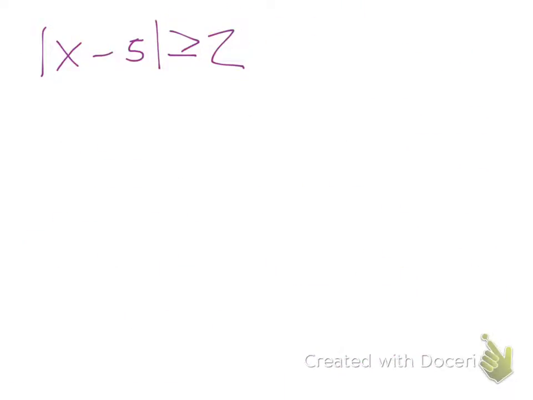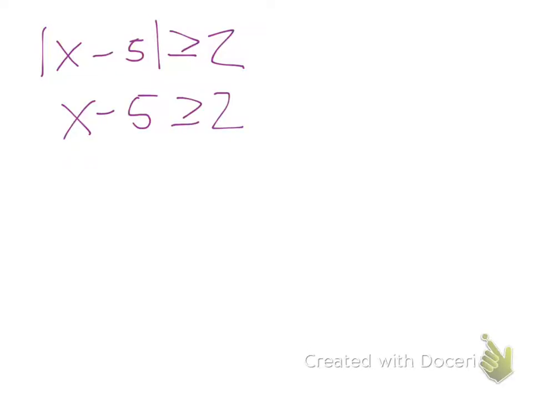Okay, guys, this was the original problem or example that we had there, and I switched it. So let's actually approach this problem. We notice that we have an absolute value inequality greater than or equal to 2. And so I'm going to use the fact that I'm going to just drop the absolute value, right?